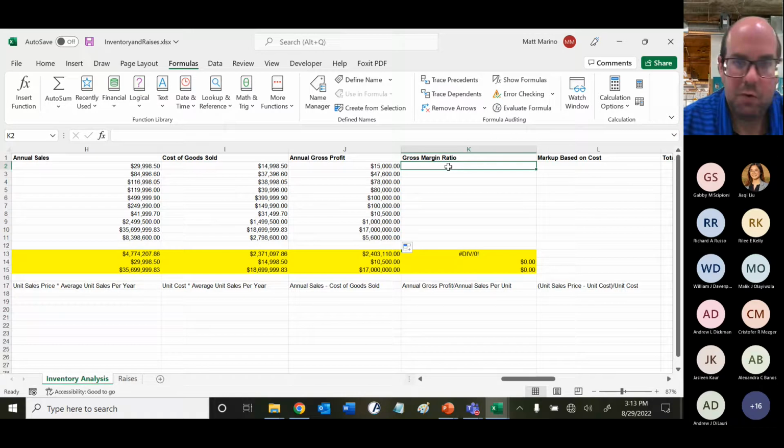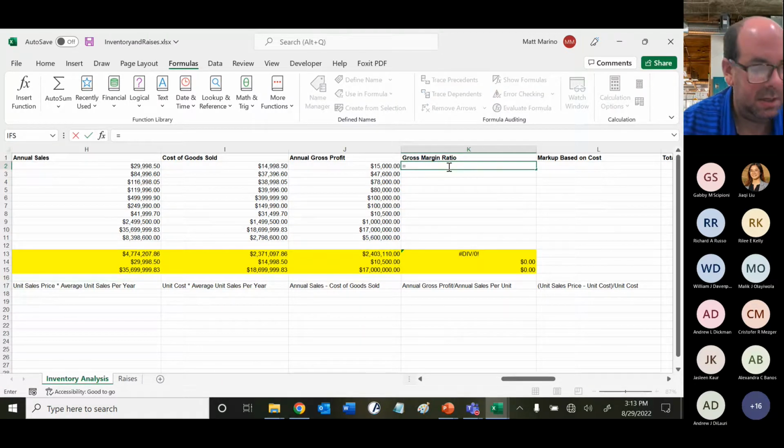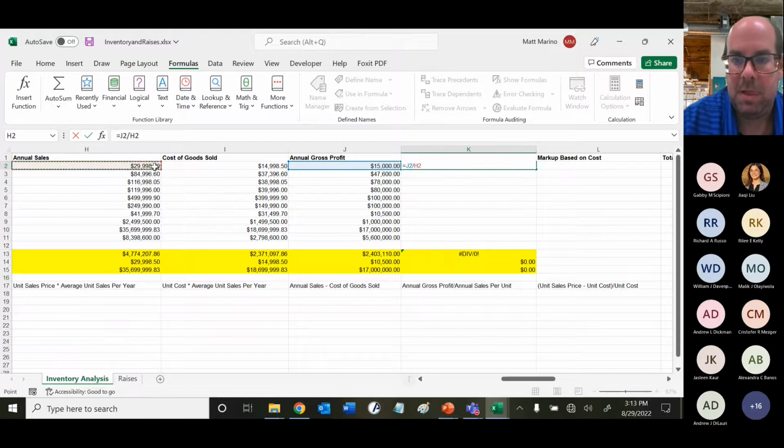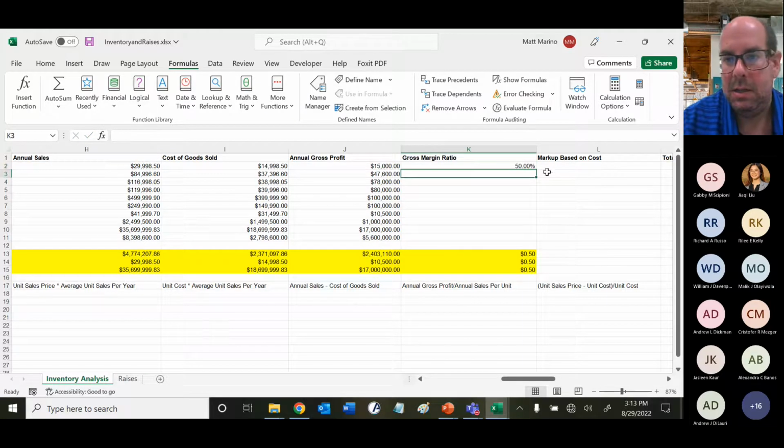Now for gross margin ratio, it tells us to divide annual gross profit by annual sales per unit. So that is J2 divided by H2. And we get 50%. This should be a percentage.